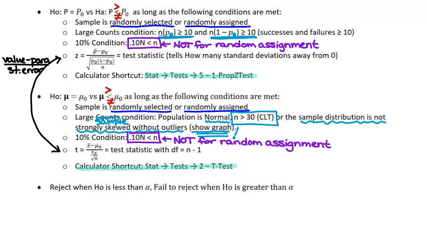We reject when the p-value is less than alpha. We fail to reject when the p-value is greater than alpha. And then we have interpretations.